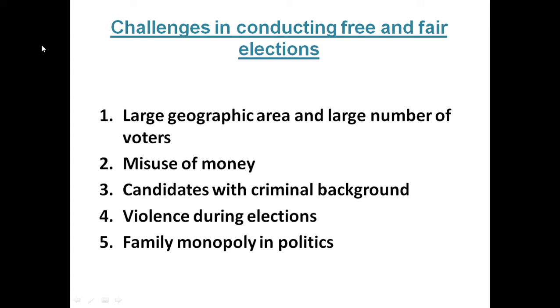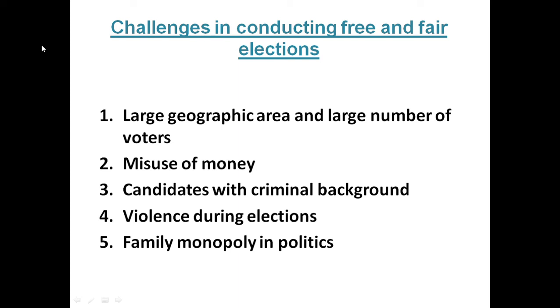Money is needed for propaganda, banners, campaign vehicles, travel, etc. Conducting clean elections is one of the biggest challenges in the country given the prevalent abuse of money power, particularly when it manifests in inducements of voters. Election Commission has to take several measures to stop such a misuse of money.